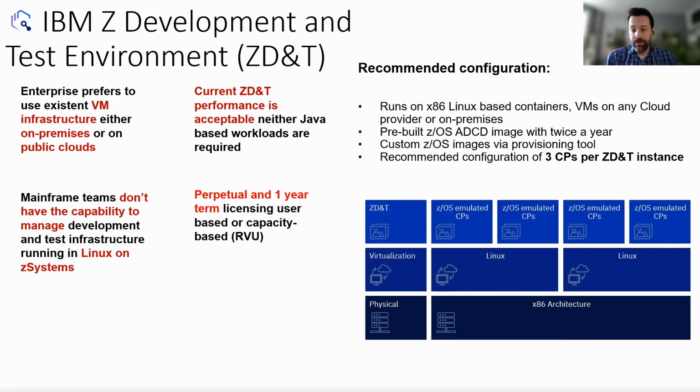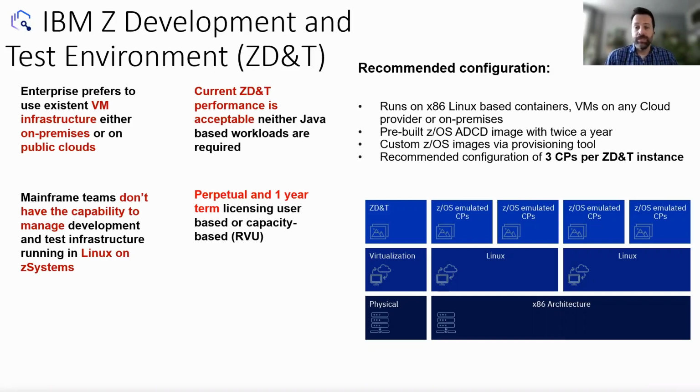There are 4 different offerings available right now that give you the capability of having a virtualized or emulated environment. The first 2 that I'm going to mention are emulated. They both run on x86 hardware, and they give you real zOS, so it's your real zOS software, but running on an x86 machine.